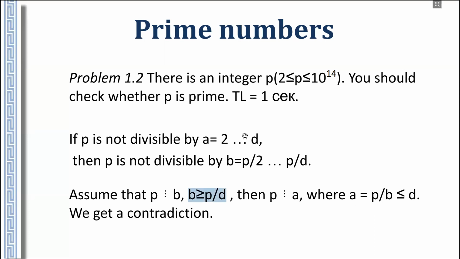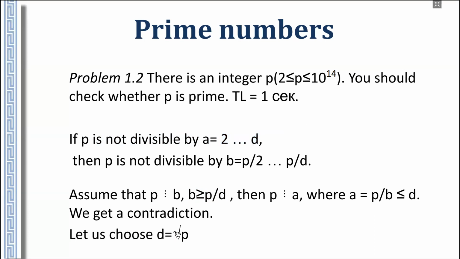That's why we have a contradiction, because we know that p is not divisible by any number from 1 to d. So it means that if we check some numbers until d, then we shouldn't check any numbers bigger than p over d. So our upper bound also becomes smaller and smaller.